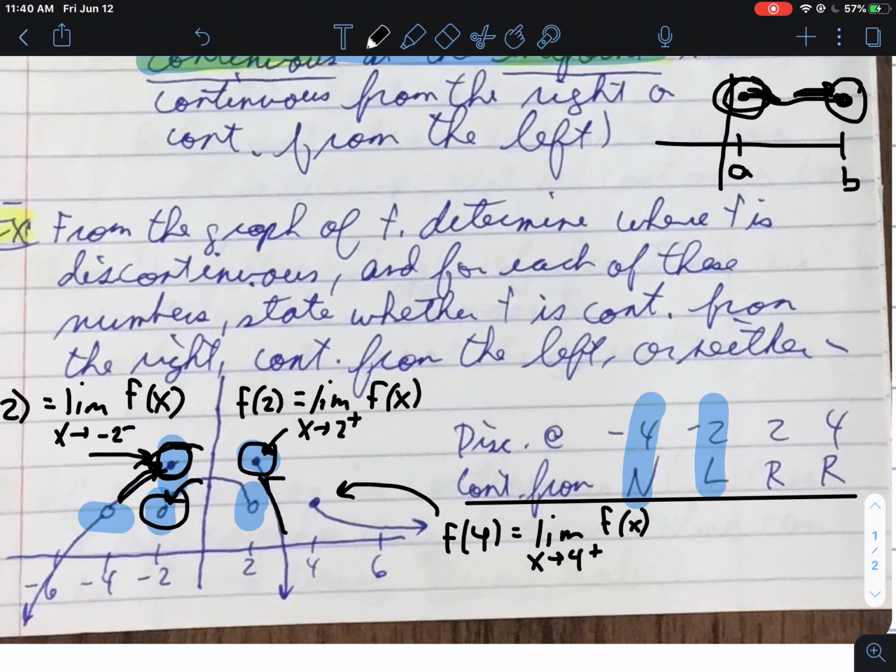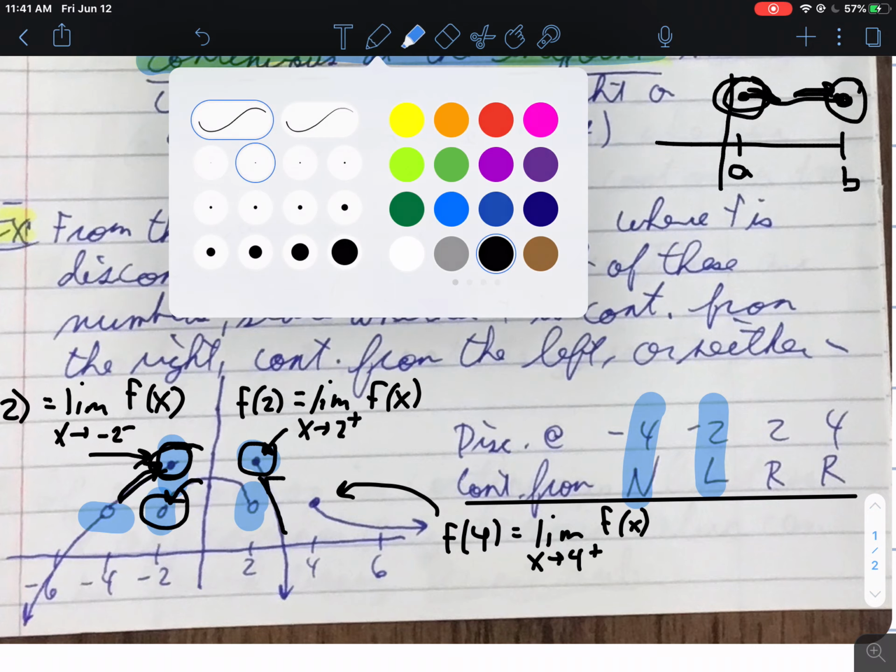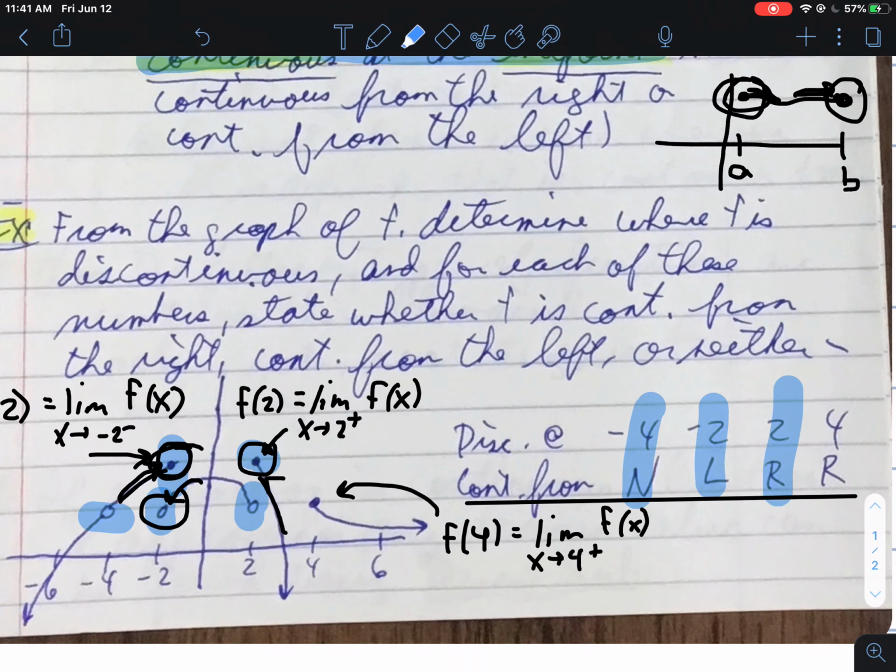The limit as you approach 2 from the left would be whatever this value is, but there's no point there. So f is discontinuous at 2, but it is continuous from the right.